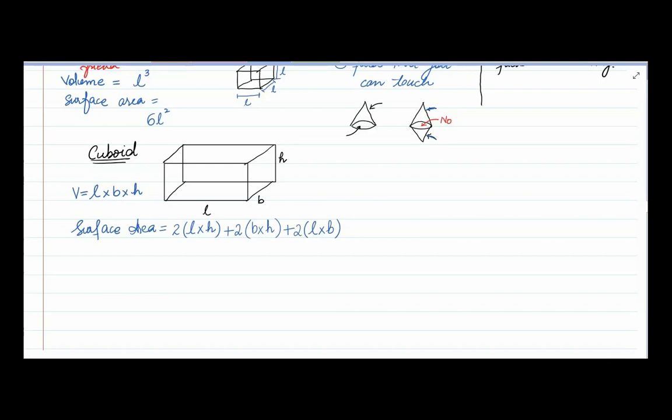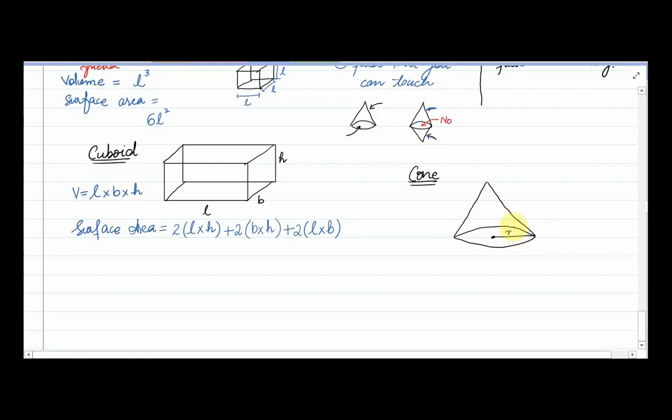Now after cuboid, moving on to the next shape, that is cone. Now you all know cone very well, right? That is a general shape of a cone. In a cone, we have a radius from the center to circumference.